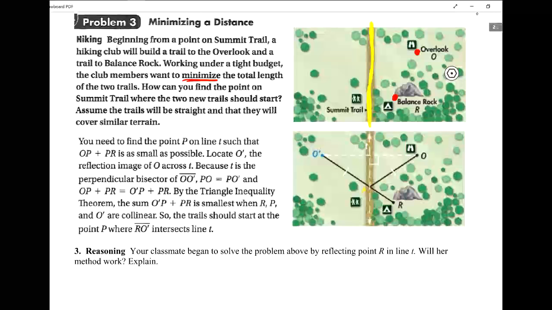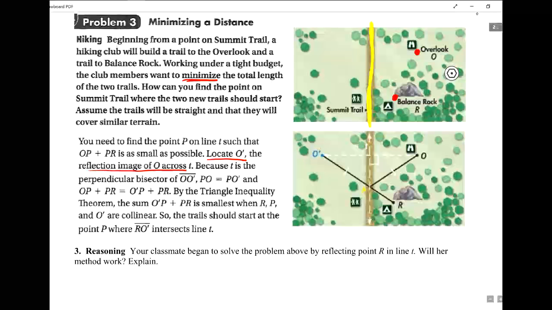So what we are going to do is find a point P on line T, that's our Summit Trail, such that OP plus PR is as small as possible. So we need to locate O prime. That's the reflection of O across T. Because this is going to be, right, our line of reflection is the perpendicular bisector.